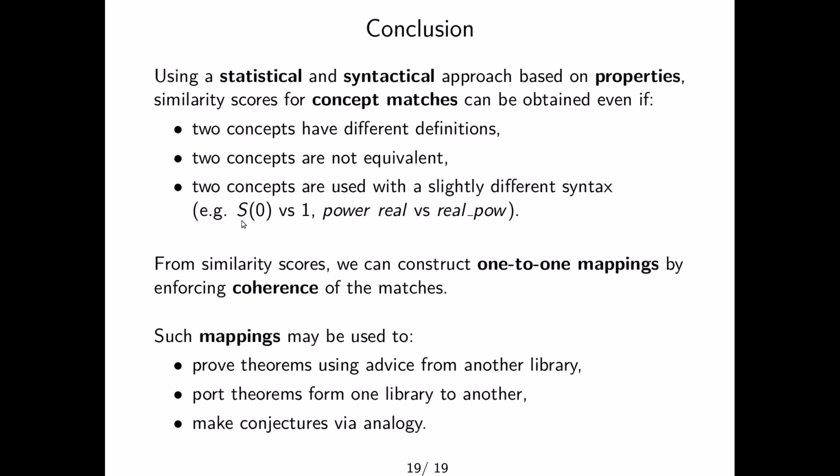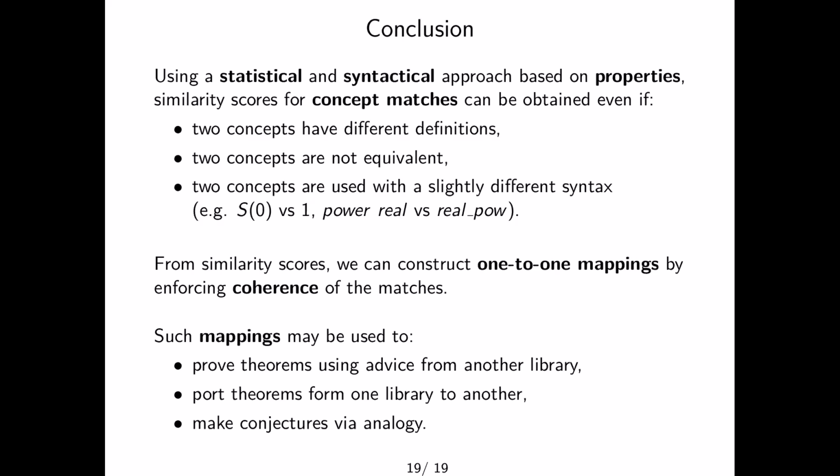Sometimes you have one represented as s of 0, sometimes it's just a constant, or sometimes you have power of real, and sometimes it's just one. You have a type argument, and sometimes you just have one constant. And this is done through subterm conceptualization.